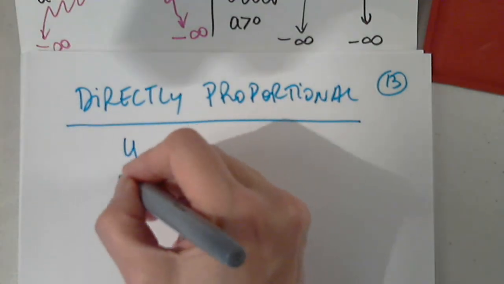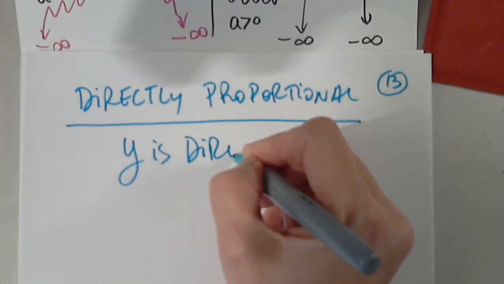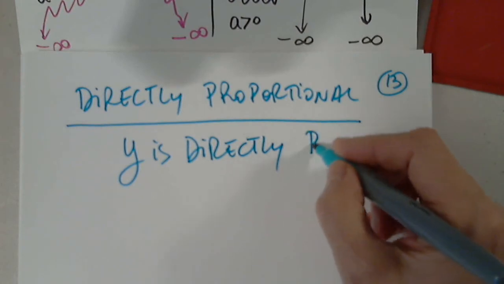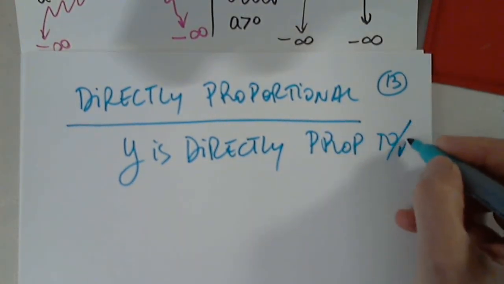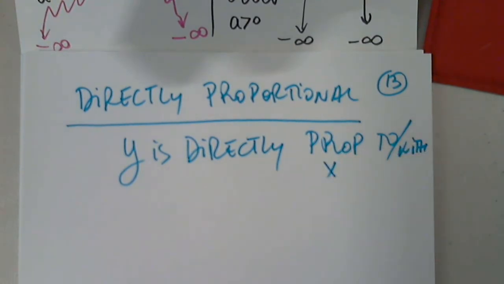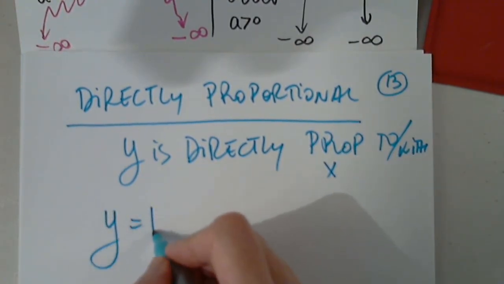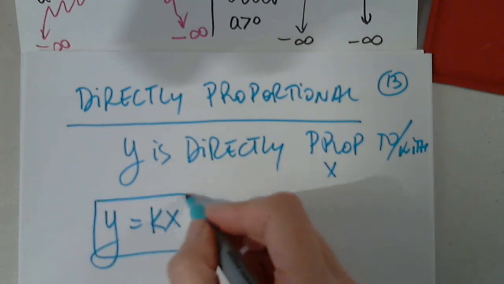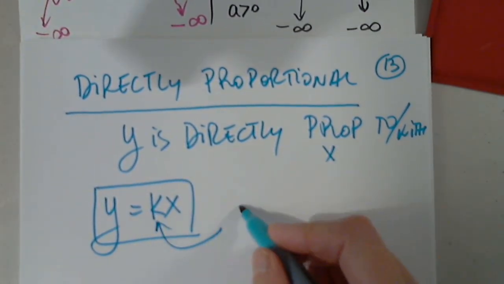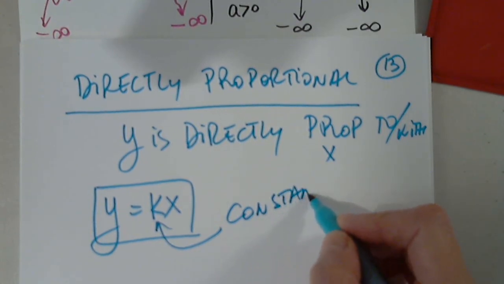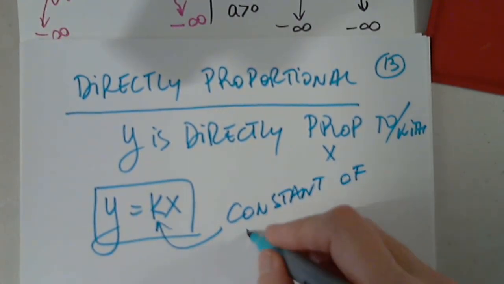When we say y is directly proportional to or with x, we mean y equals k times x. K is a constant of proportionality.